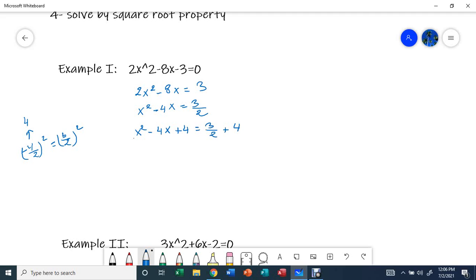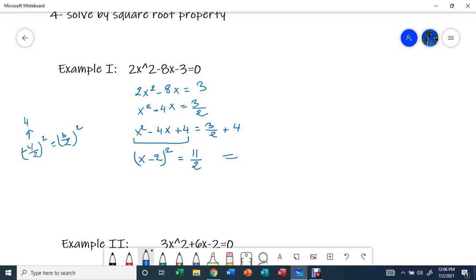So this can be factored easily, which is x minus 2 squared, and finding a common denominator on this side, that's 3 plus 8 is 11/2.